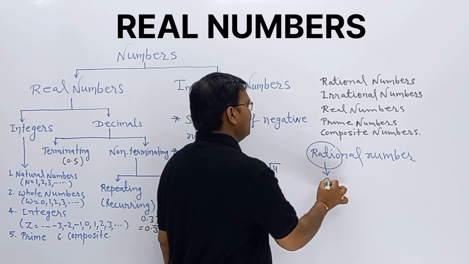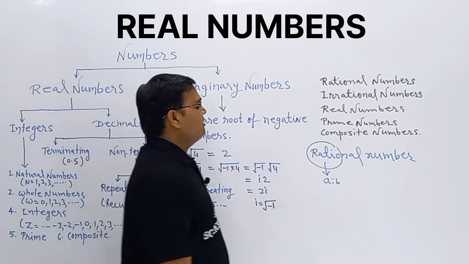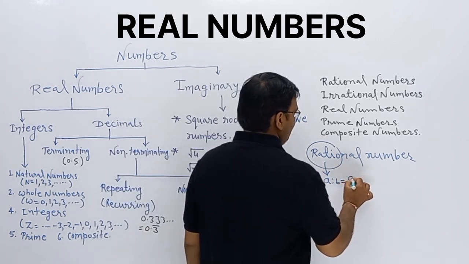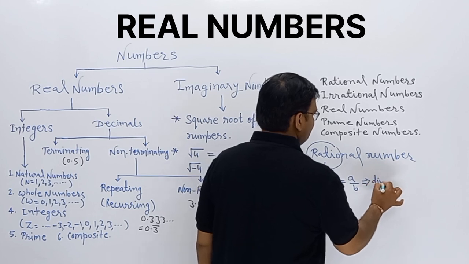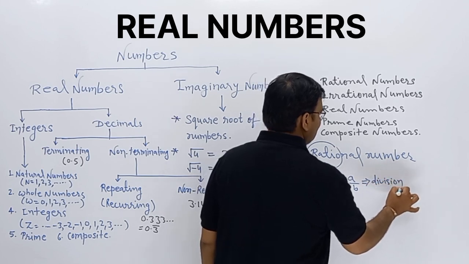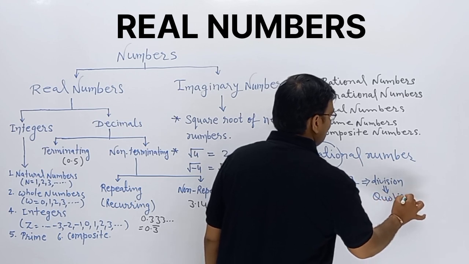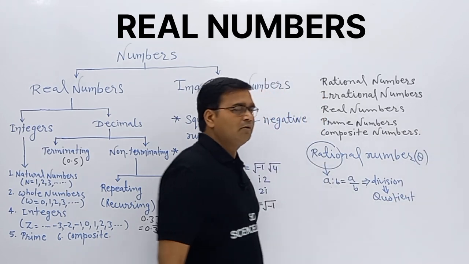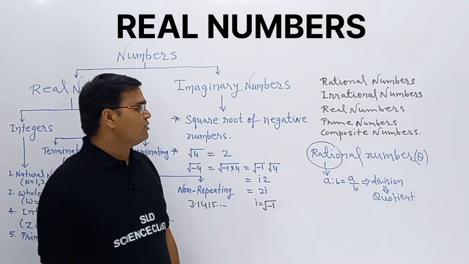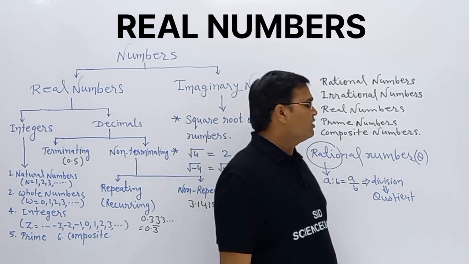Ratio is A is to B. This is the ratio, and it can be written as A upon B. And this is division, and division is also called quotient. So we can say rational numbers are represented by Q. The notation of the rational number is denoted by Q.